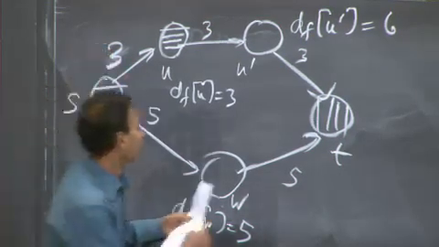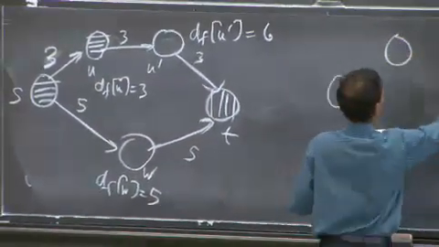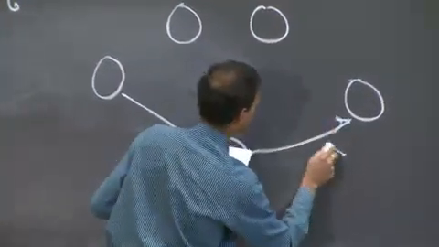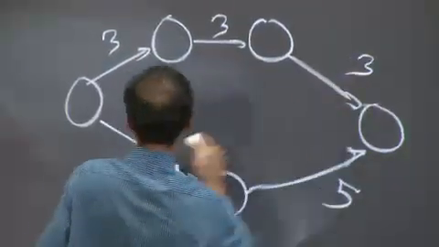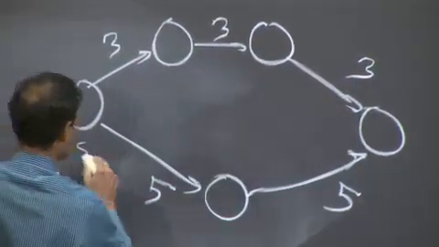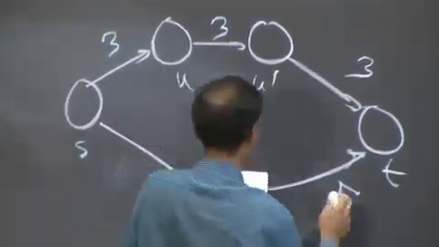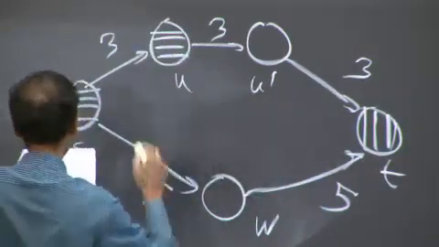All right. So now I go to the backward search. Again, I have S, T, U, U prime, W. I'm going to go ahead and hash this. This has been hashed horizontally.